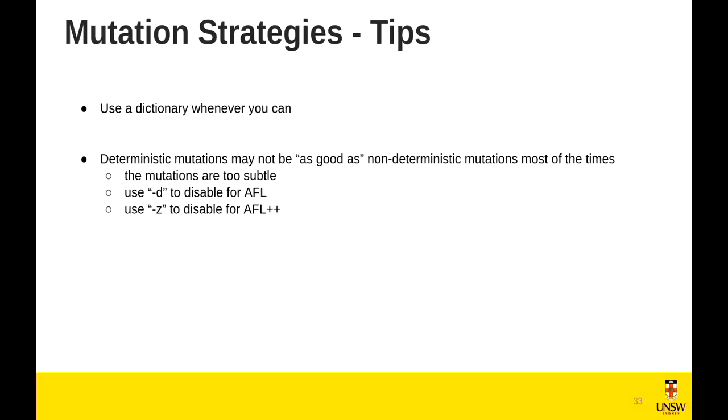So it may not give us very good results. We can use command line options in the fuzzer to disable those deterministic mutation operators. In AFL it is -d. In AFL plus plus it is -z.